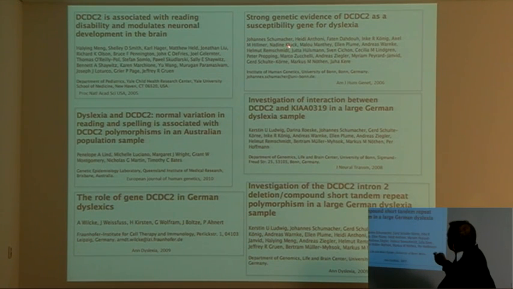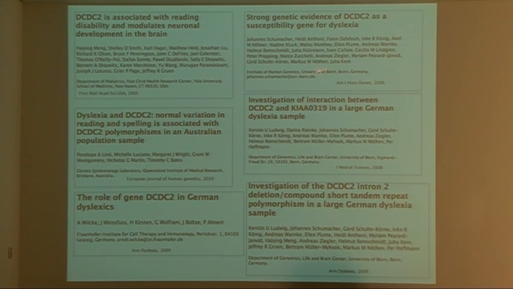And then that was quickly followed up by a paper from here, again with Juha Kere, who's not here, and a couple other papers. There's one paper that shows not a very good association. And there's one paper here that doesn't find the same association with one of the compound short tandem repeats that this paper found an association with.